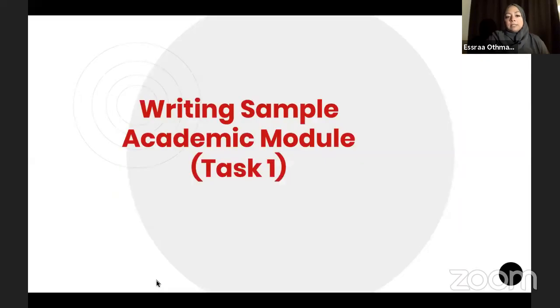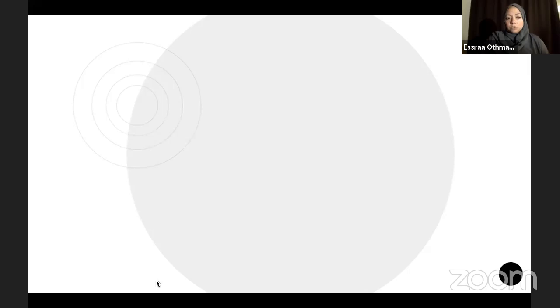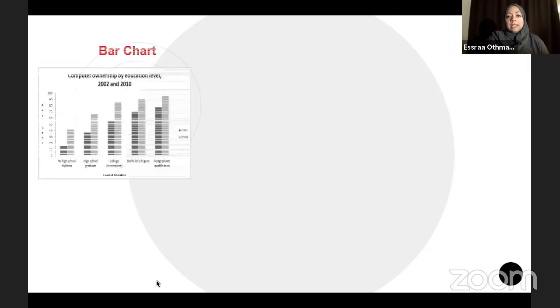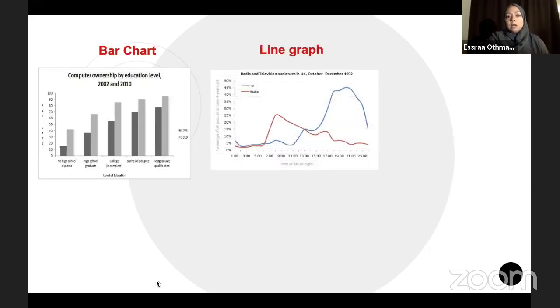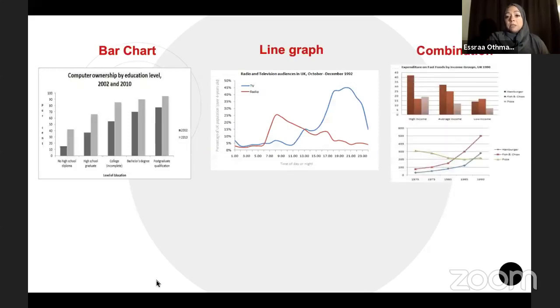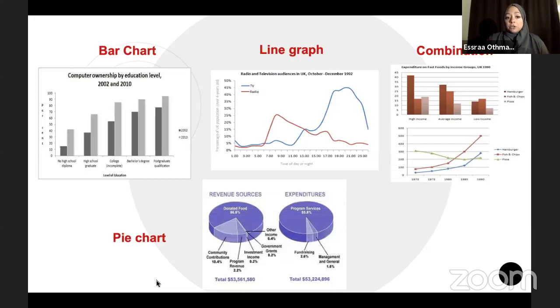Okay, now let's take a look at a writing sample for the academic module, task 1. How a question would look for the academic module. In task 1, as we said, it's going to be more about analyzing. So you are going to have either a bar chart, a line graph, or maybe a combination of both, or a pie chart.